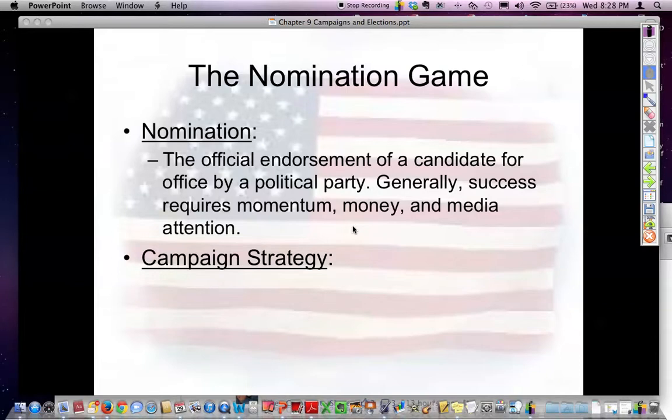The definition for a nomination is the official endorsement of a candidate for office by a political party. Generally, success requires momentum, money, and media attention. That's why it's often good to be a governor or a president or somebody who has sponsored major legislation.